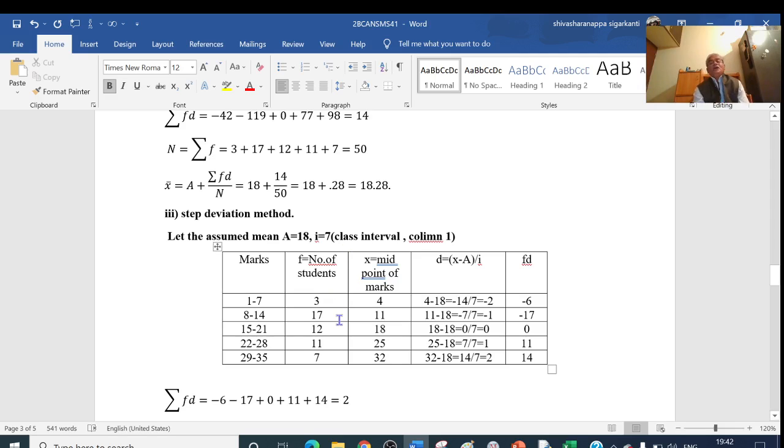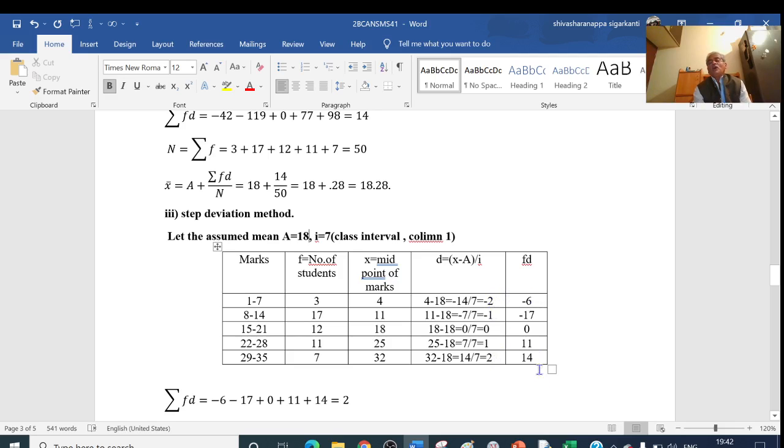Okay, assumed mean is 18. 4 minus 18 divided by 7. 4 minus 18 is minus 14 by 7 is minus 2. 11 minus 18 is minus 7 by 7. 18 minus 18 is 0 by 7. 25 minus 18 is 7 by 7. 32 minus 18 is 14 by 7. So these are the values of D: minus 2, minus 1, 0, 1, 2.